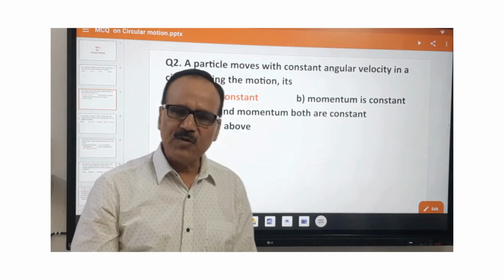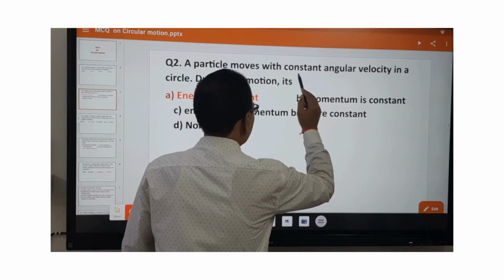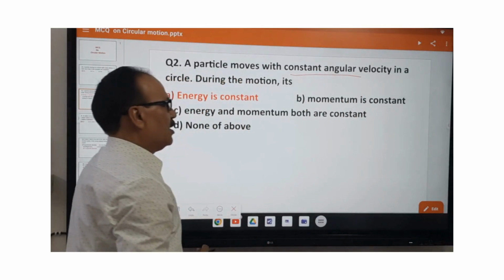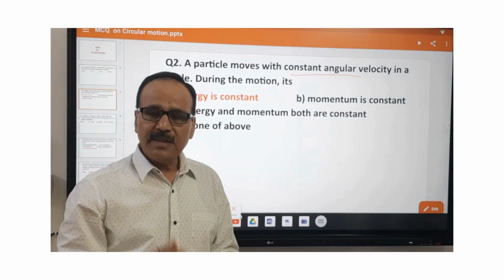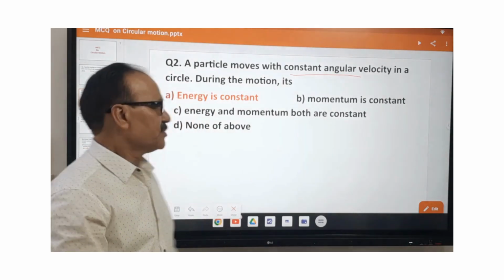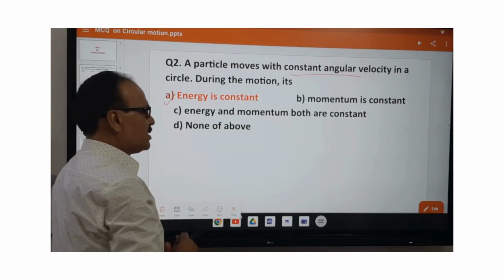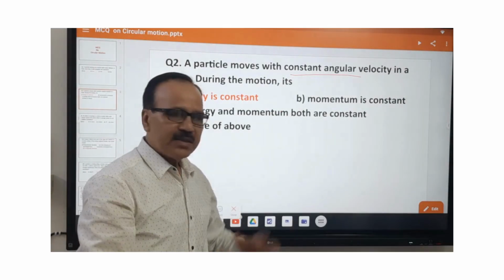Because this is the case of uniform circular motion, the angular velocity is constant, as given. When the magnitude of velocity is constant, it means its energy will remain constant. So our first option is correct. About the second option, momentum is constant.